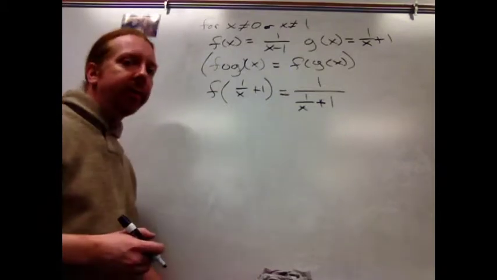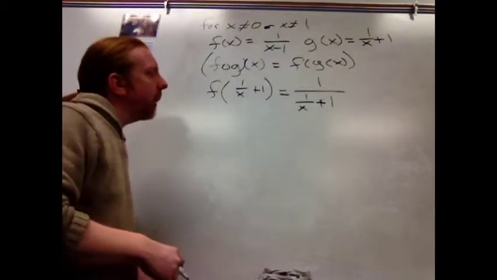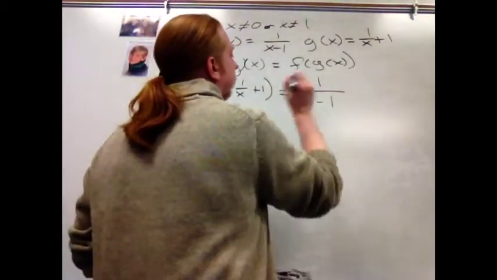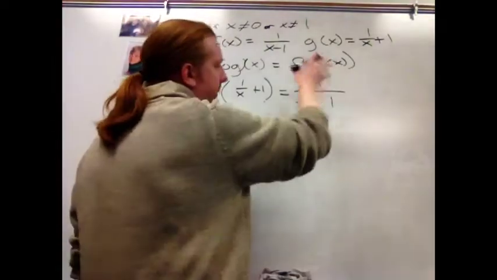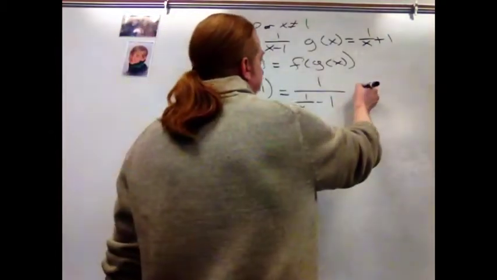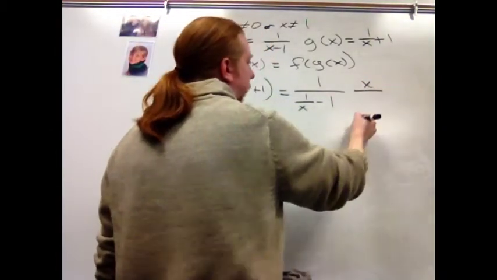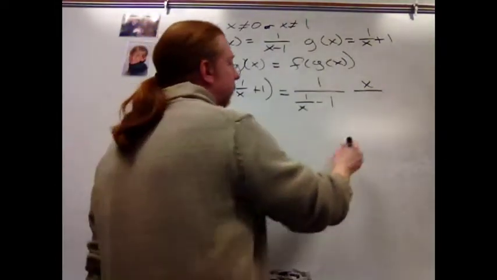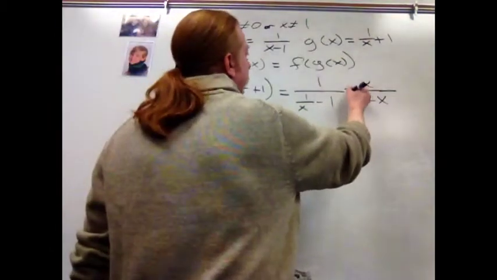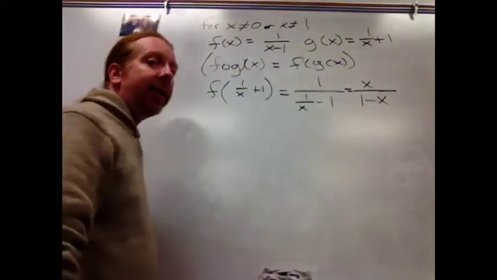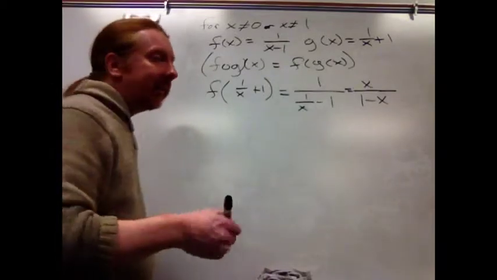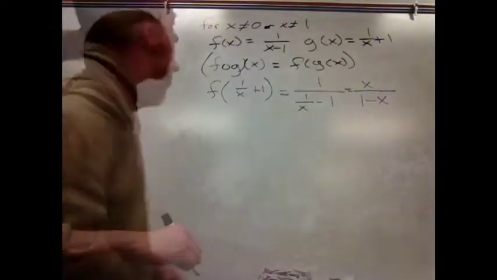In order to get rid of some of these fractions, let's go ahead and multiply top and bottom by x. So I'll multiply everybody on the top by x, everybody on the bottom by x. That's going to lead me to x over, that times x is just 1, this is that. That looks like about as simplified as it's going to get. I didn't get x. Let's try the other one out.